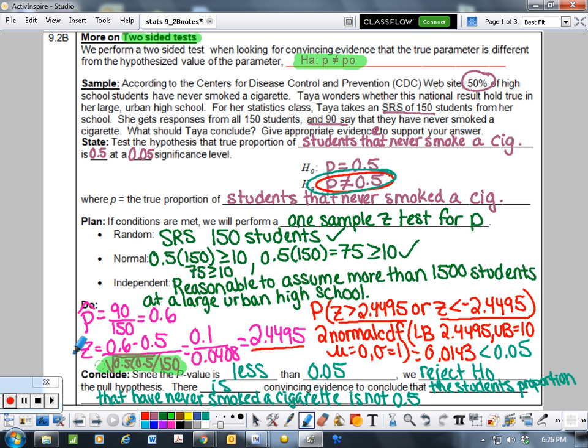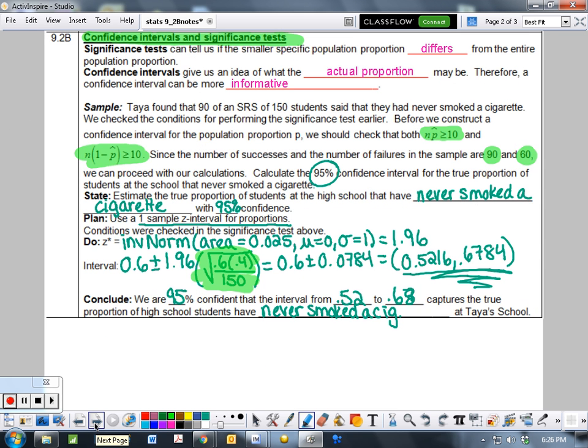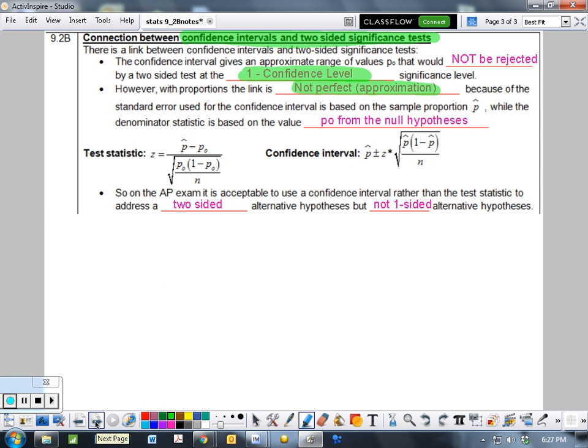This one is looking at the sampling distribution based on our original no difference value, our national data. This was looking at the sampling distribution based on our sample data. And our sample data may be way off, so it could throw things off. So it's not perfect, but it's really, really close.